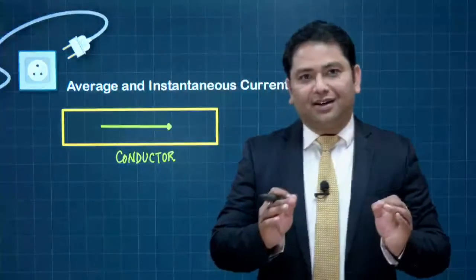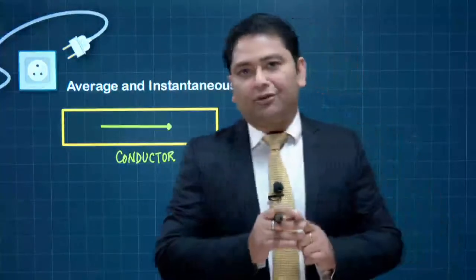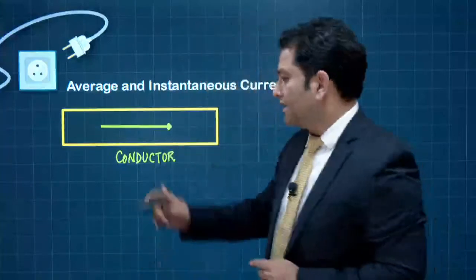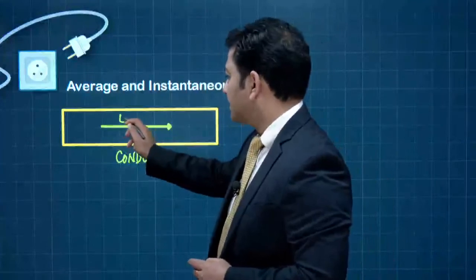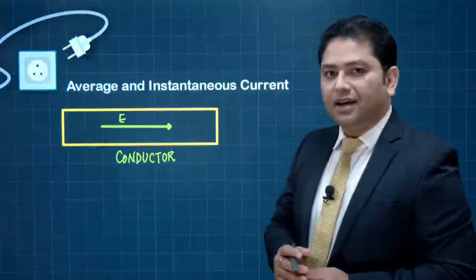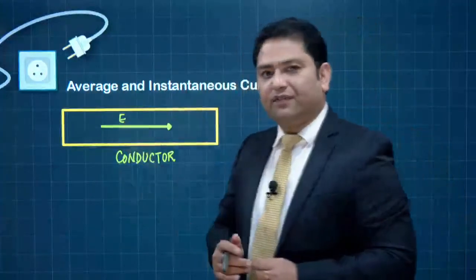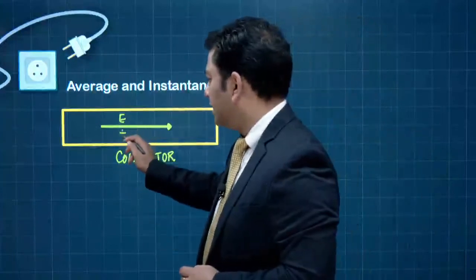But ये ध्यान देना, by applying a battery, we establish an electric field, okay? This is an electric field. And due to this electric field, the charges would be moving.